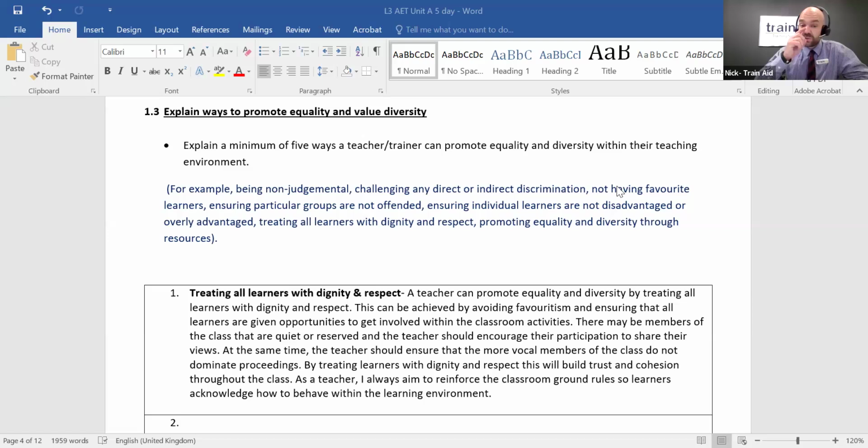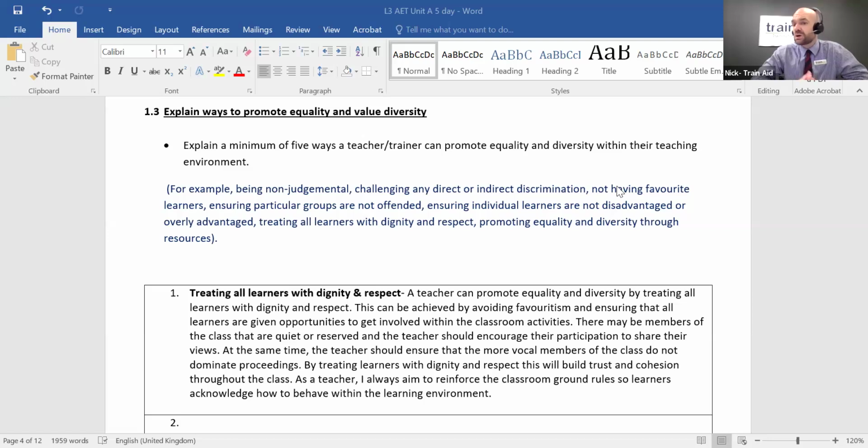But as mentioned, of course, promoting equality and diversity through resources, things like videos, case studies, success stories as well, I think are integral here. You could have posters on your walls within your classroom celebrating diversity, any upcoming religious holidays, festivals, you can promote that, you can celebrate that.